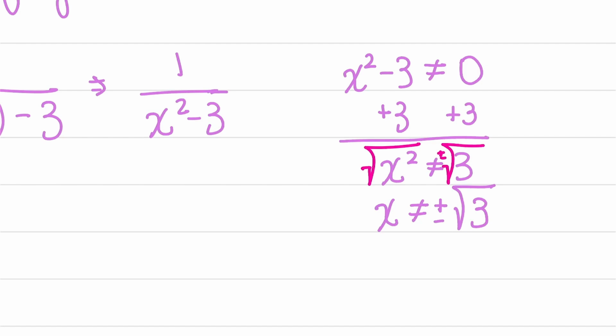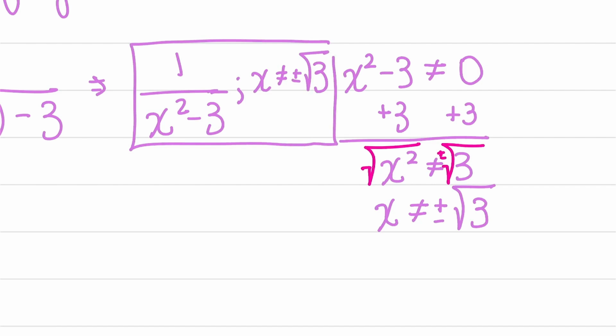But it can exist everywhere else. It just can't be positive or negative square root of 3 because if it is, we will get 0 in the denominator, which means that this is our answer up here with the restriction x cannot be plus or minus square root of 3. And this is our final answer here.